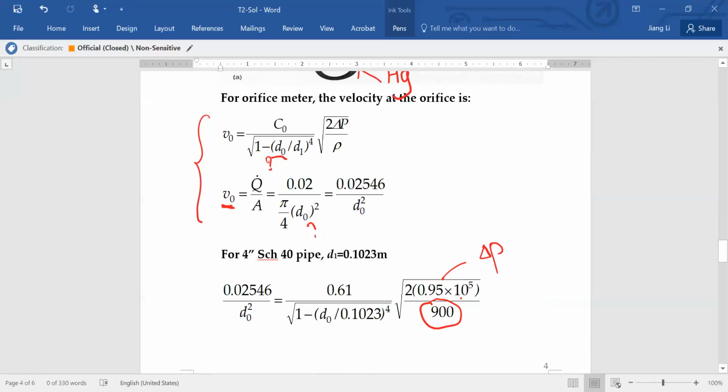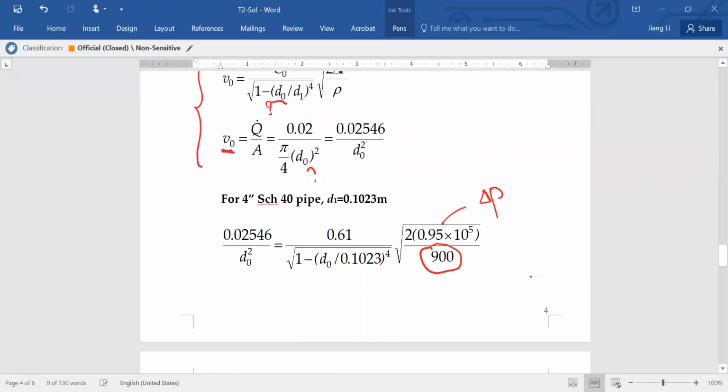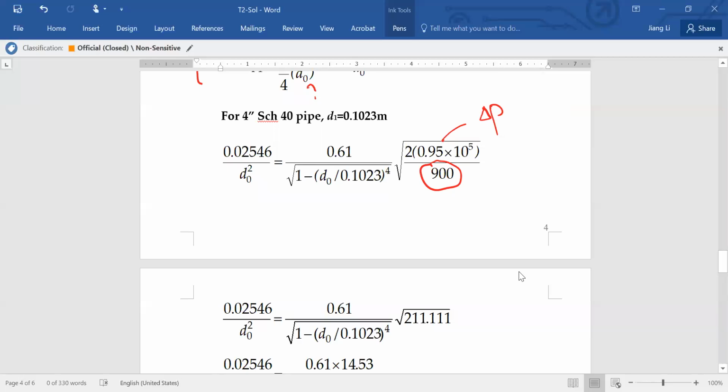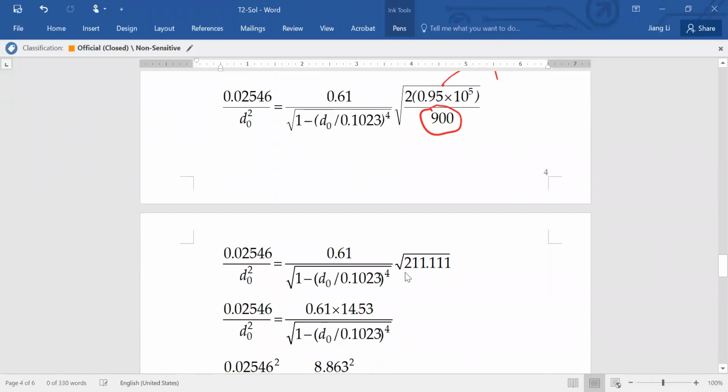So you can directly use it. All right, so the following part will be more mathematical work on how to solve these two sides mathematically. We just write step by step to help you to understand. Okay, so we calculate the square root first. Then we get this value 14.53.